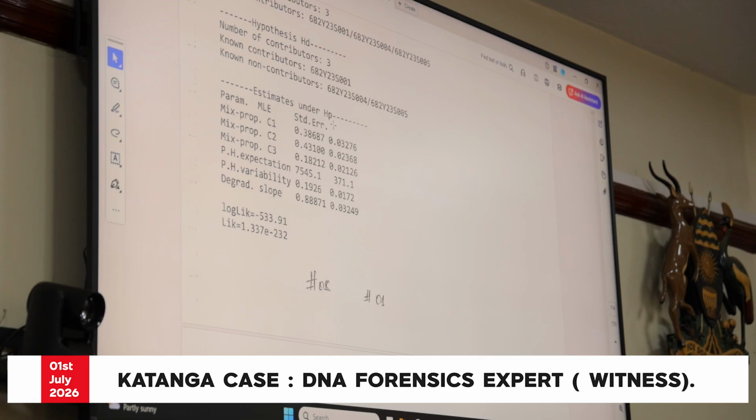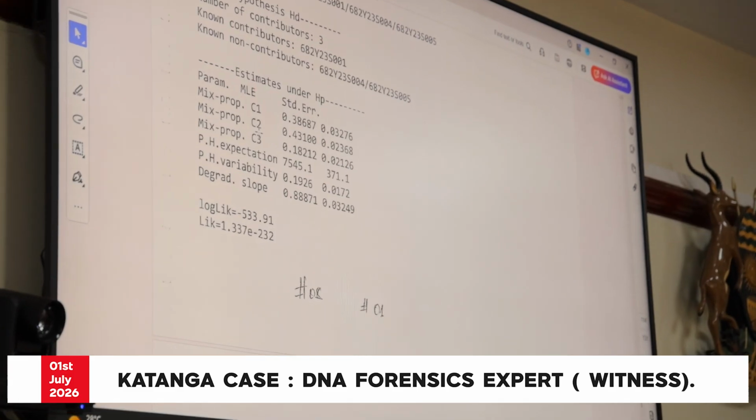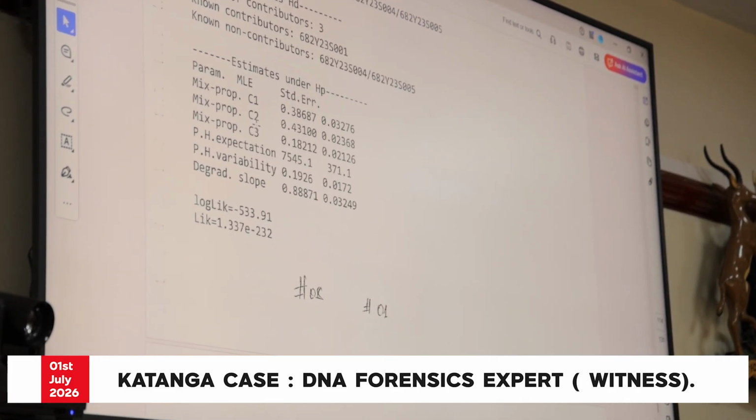Under HP, this is page 114 at the bottom, the proportion of C1, who is Henry, is 0.38, 38%. The proportion of C2, Molly Katanga, is 0.43 or 43%. C3, Patricia, 0.18 or 18%.